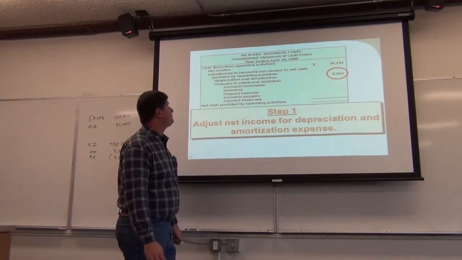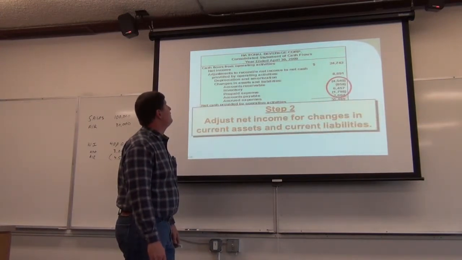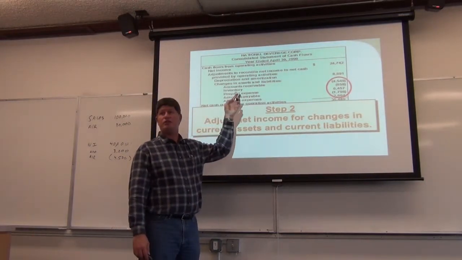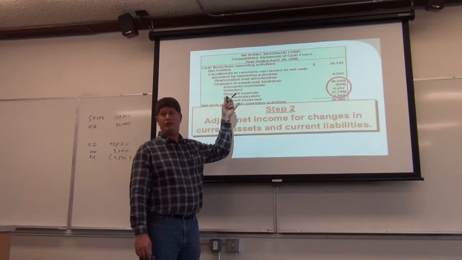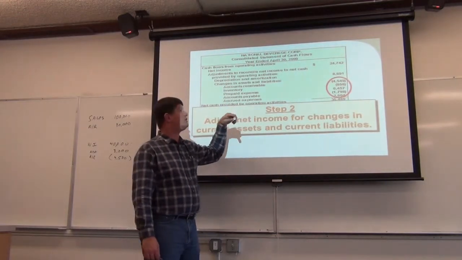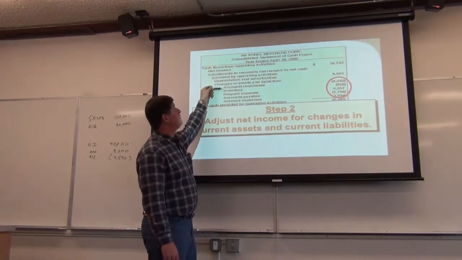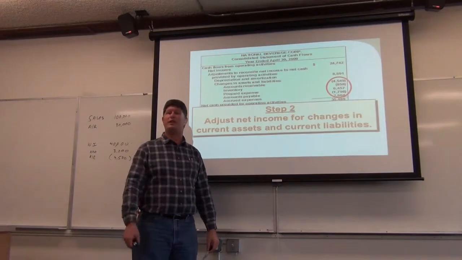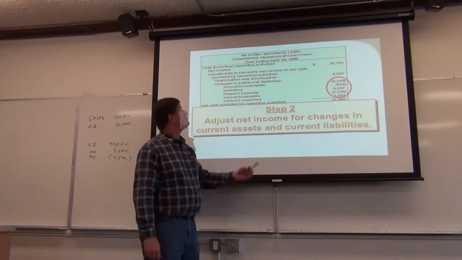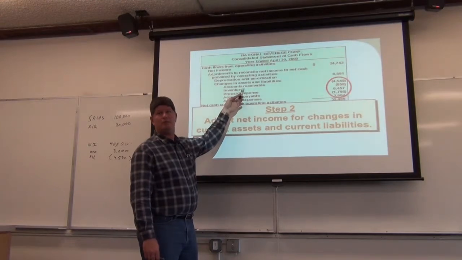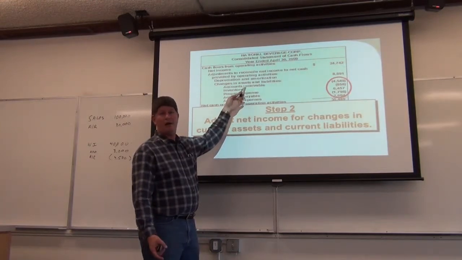Okay. Then we go through and we look at the changes that took place in the balance sheet, not in the cash account itself, but in the other balance sheet items, and we add or subtract based on the analysis we do. So remember, accounts receivable from the other slide went which way? Up.